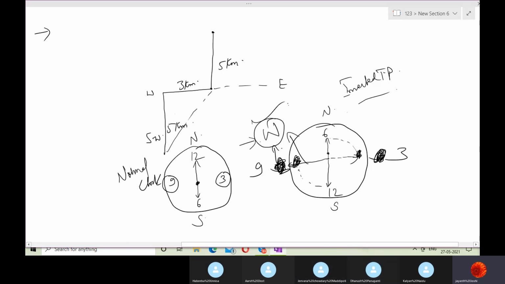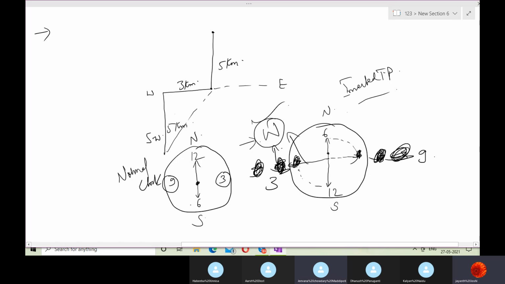Now next one. Next question. So, inverted timepiece now. 3 would be here, 9 would be here, because it's a north direction.